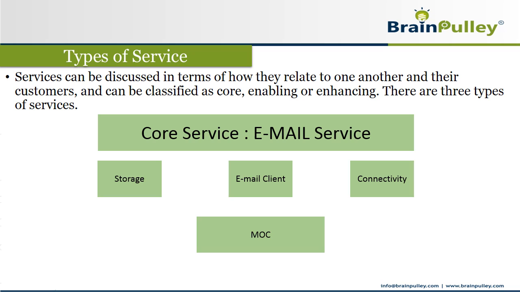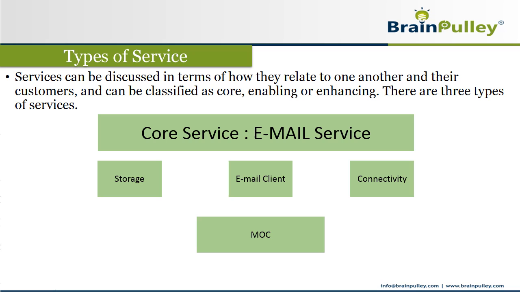Enabling services are services which are needed in order for a core service to be delivered. Enabling services may or may not be visible to the customer, but the customer does not perceive them as services in their own right. They are basic factors which enable the customer to receive the real service, which here is the core service.